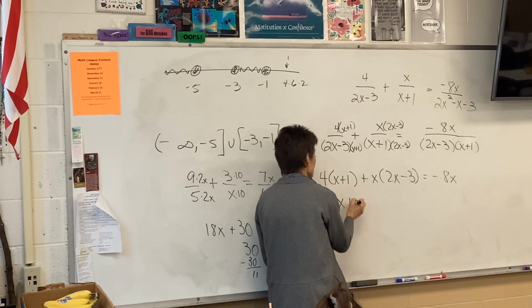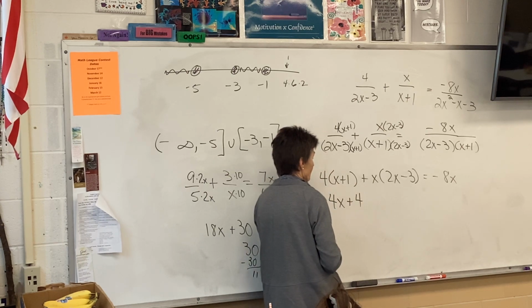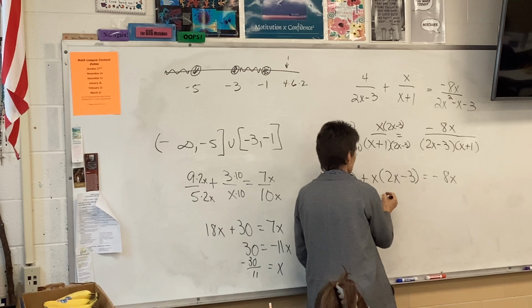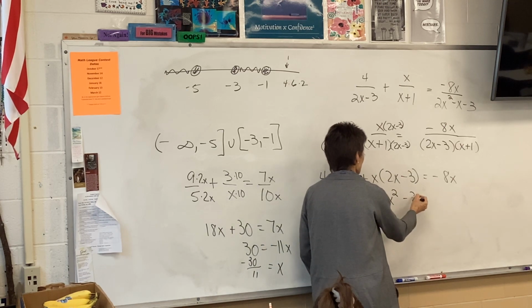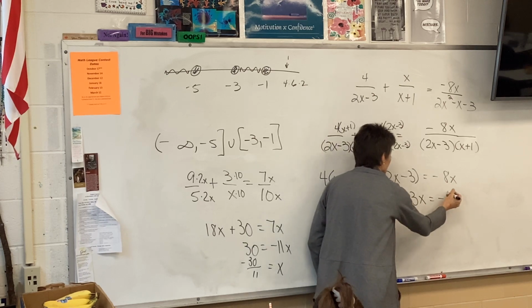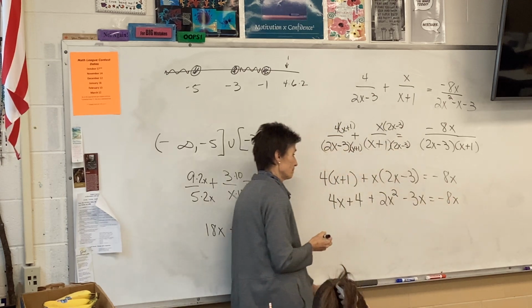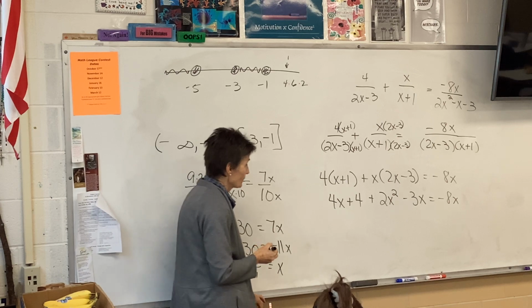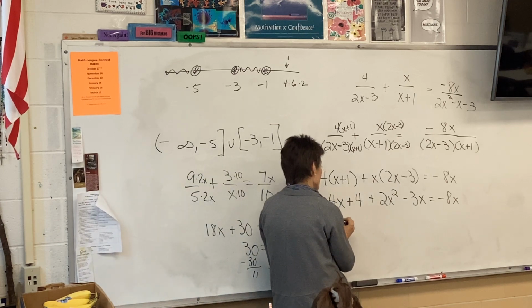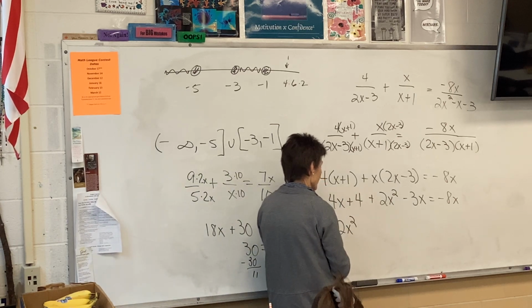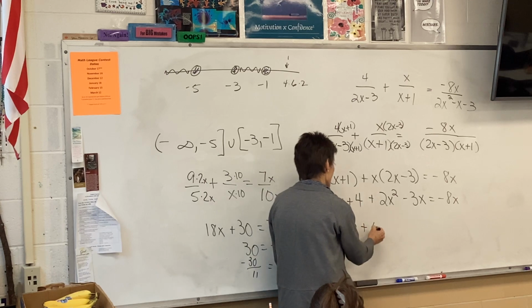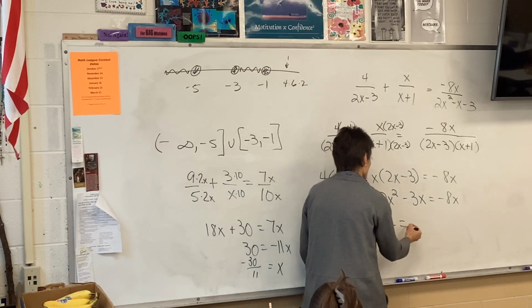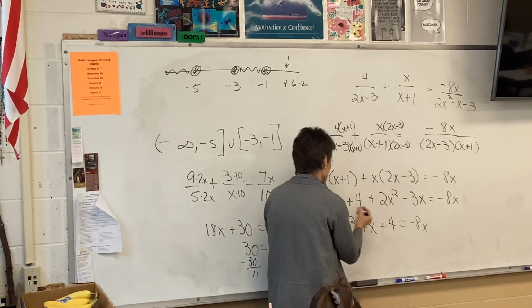So 4x plus 4 plus, we distribute, 2x squared minus 3x. So we have 2x squared plus x plus 4 equals negative 8x. I added these two together.